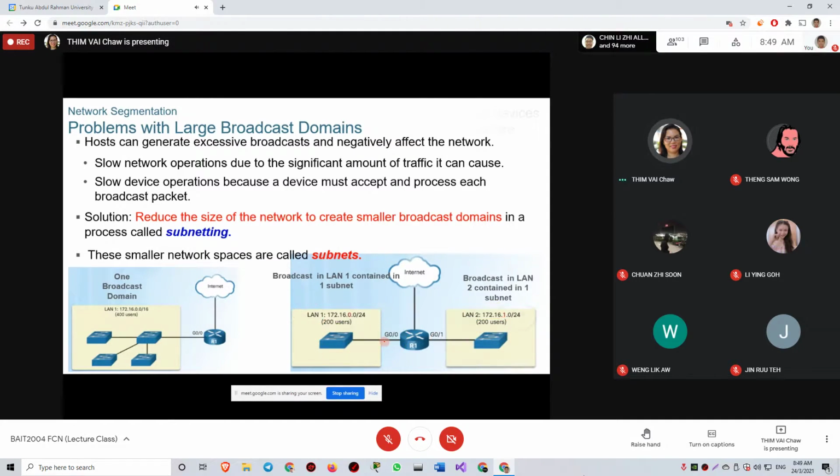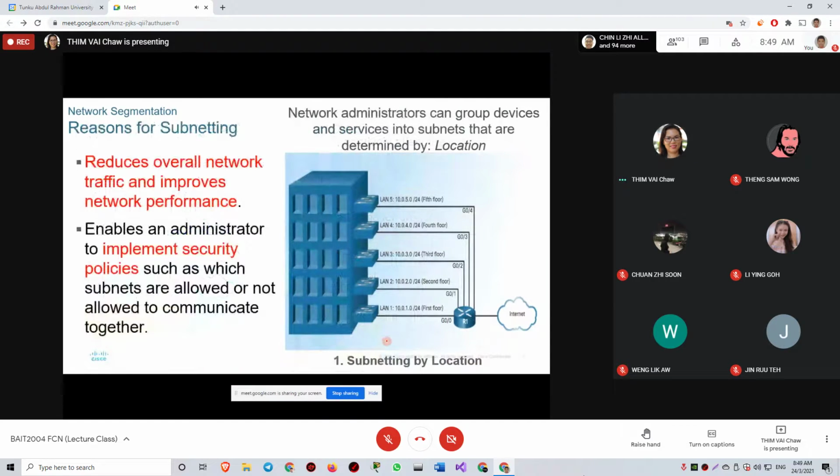Okay, minus 2. So now we come to the reasons for subnetting. As already mentioned, it reduces the overall network traffic and improves network performance. Why do we need to do subnetting? It enables the network administrator to implement a security policy. At this moment you are not going to learn how to block access or how to filter.